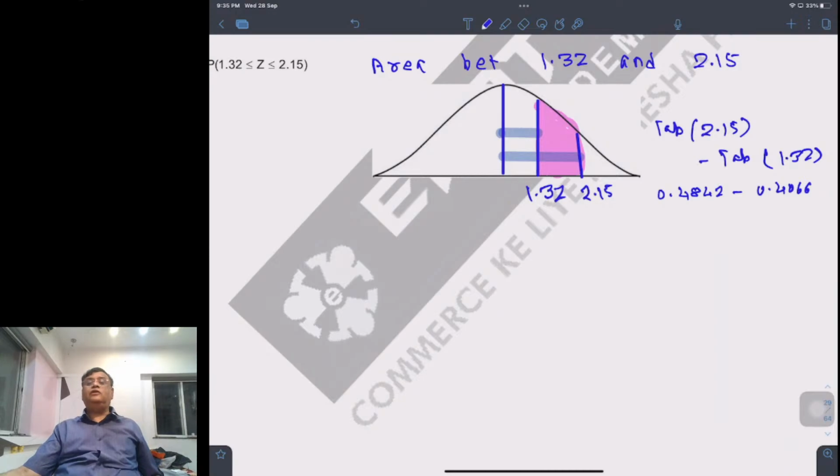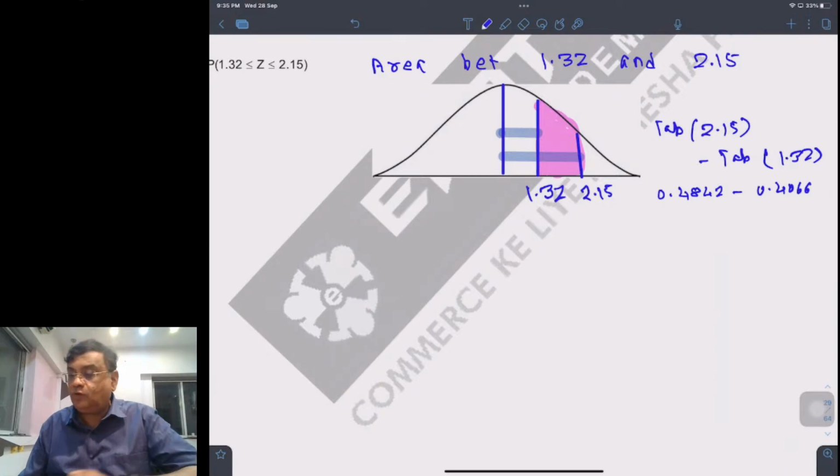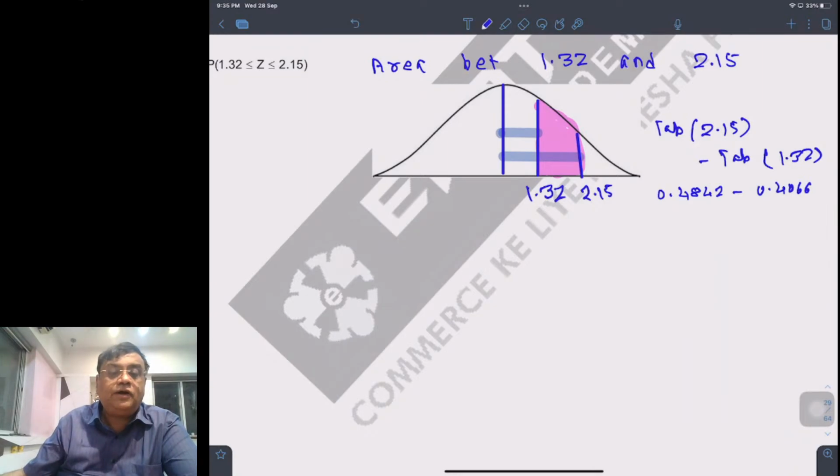I hope that is clear. You have got a calculator with you. You can compute what the difference is. And if you multiply the probability by 100, you are going to get percentage. So you get a percentage area between these two values, 1.32 and 2.15. I hope this is absolutely clear.